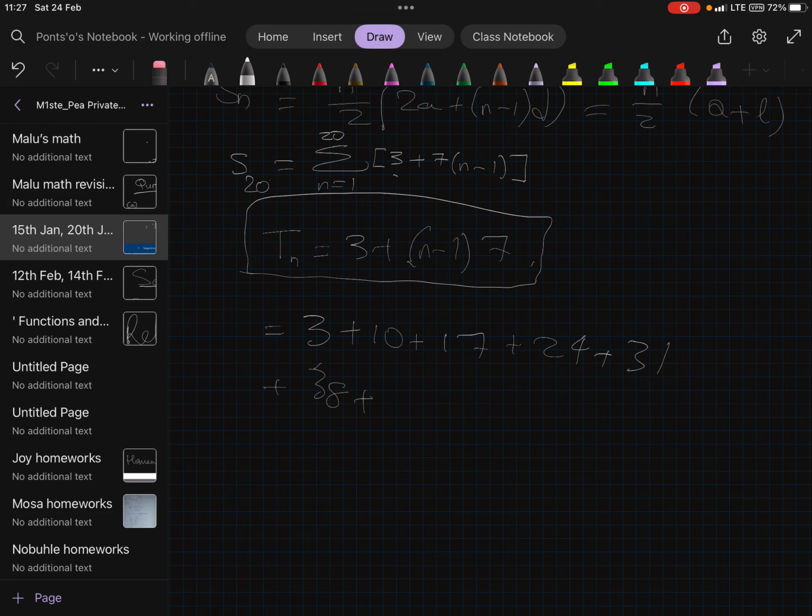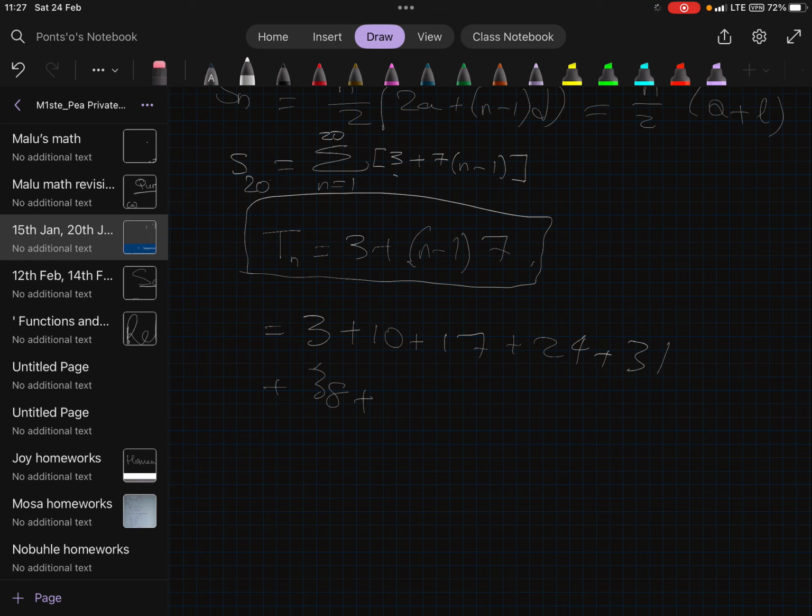If we substitute the n there as 1, we have 3 plus 7 open bracket n minus 1. If we substitute 1 there, we'll have 3 plus 7 times 1 minus 1. So that becomes 3 plus 7 times 0, which is 3.